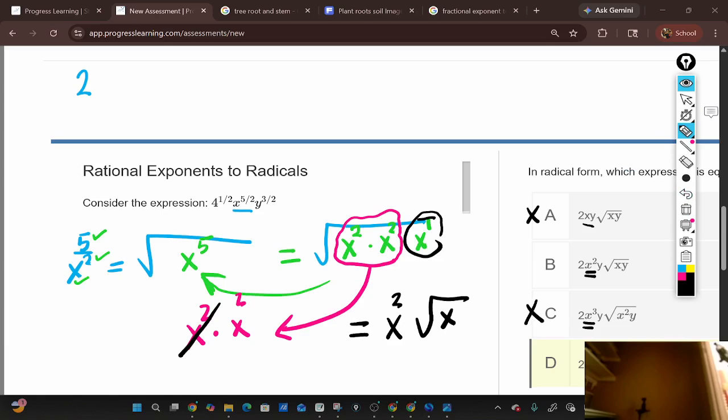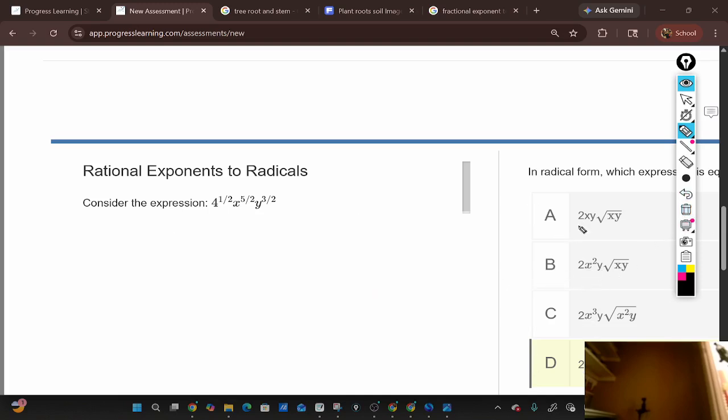The same with the last one: we have x to the power 3 and x to the power 2, and this is not the case here, so D could be wrong. So B could be the right one. I will keep going with B, because the answer will be something like this: 2, and as we said, we have x to the power 2 outside, and under the radical we have x. Now let's talk about the y.